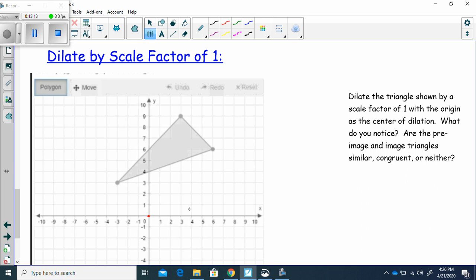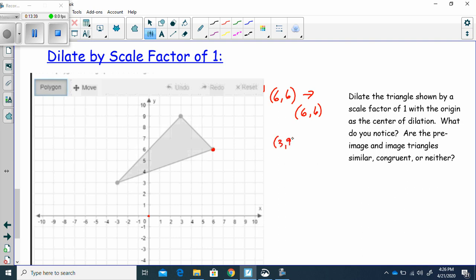Well, let's look at our points here. This point is at 6, 6. I don't have a name for the points. Okay. I'm going to dilate by 1, so I just multiply everything by 1. I wind up with a point 6, 6. Gee, that's where I started, wasn't it? Now let's look at this point. It's at 3, 9.